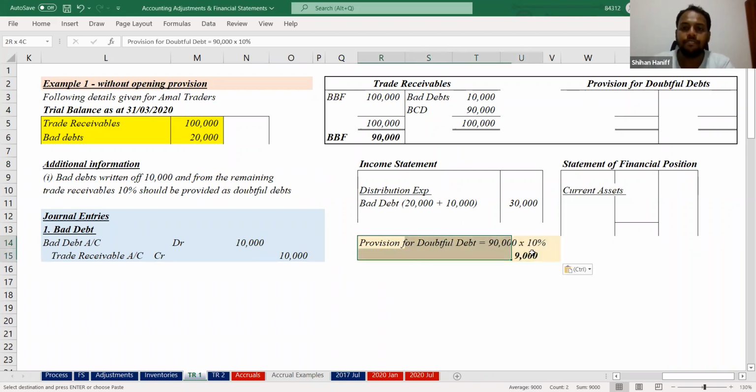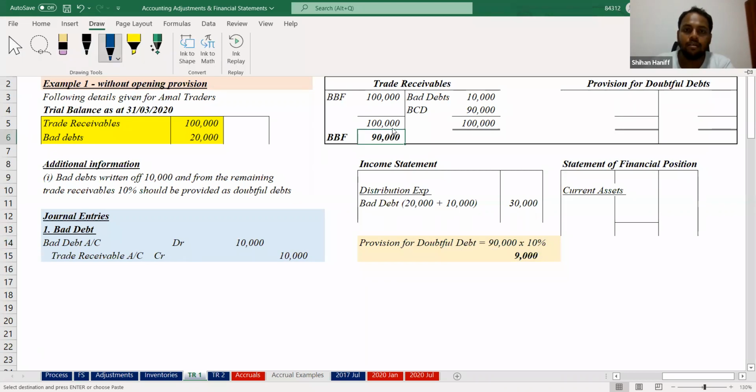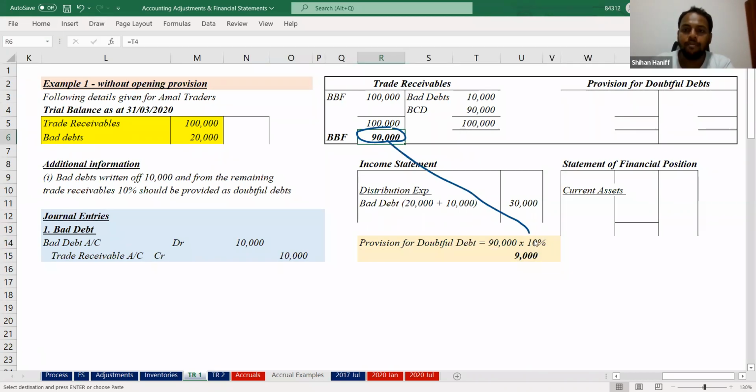Provision for doubtful debt is 10% of 90,000. Okay. So what is the double entry for the doubtful debt?